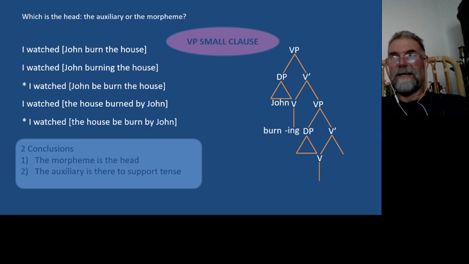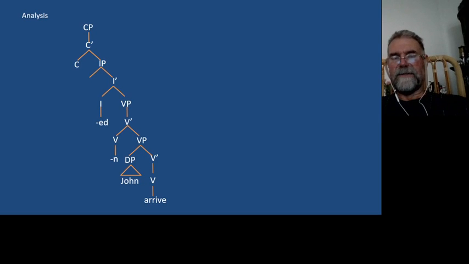It's basically got a grammatical function rather than a semantic one. The semantics is borne by the morpheme itself. That's the main element. Okay, so that's the analysis. Let's have a look at some examples of this and see how it actually works.